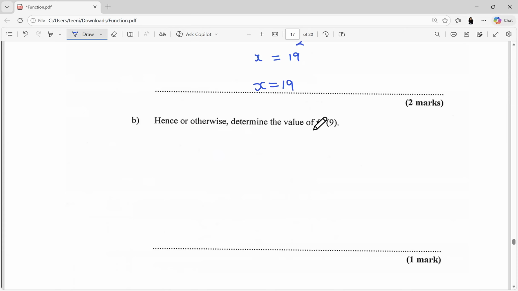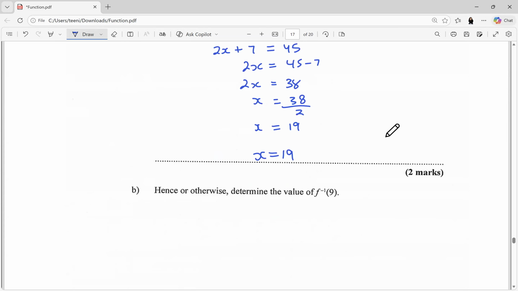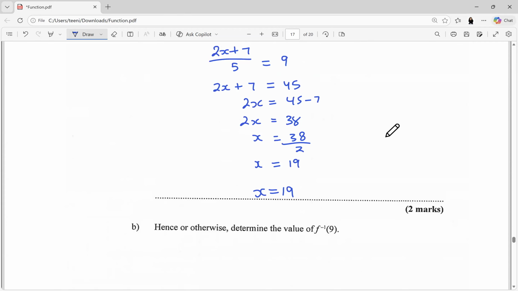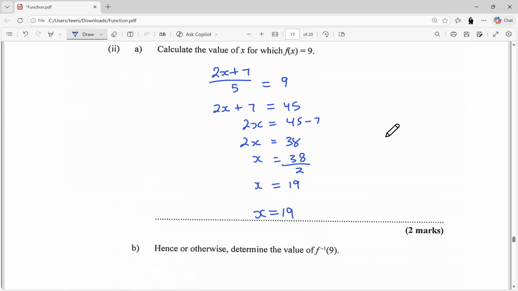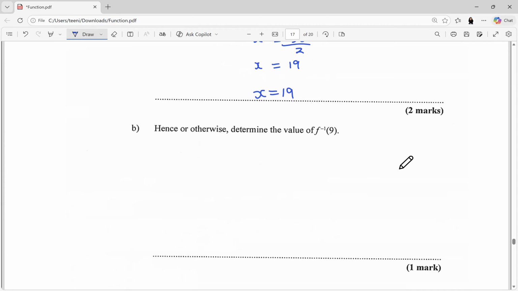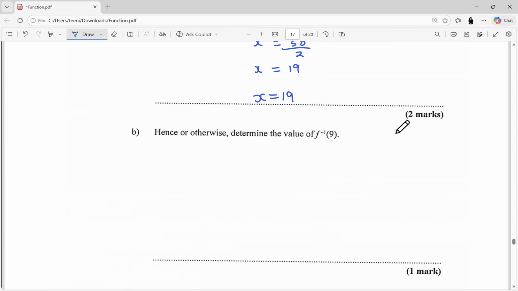Hence or otherwise, determine the value of f inverse of 9. Guys, you see this is only 1 mark, right?